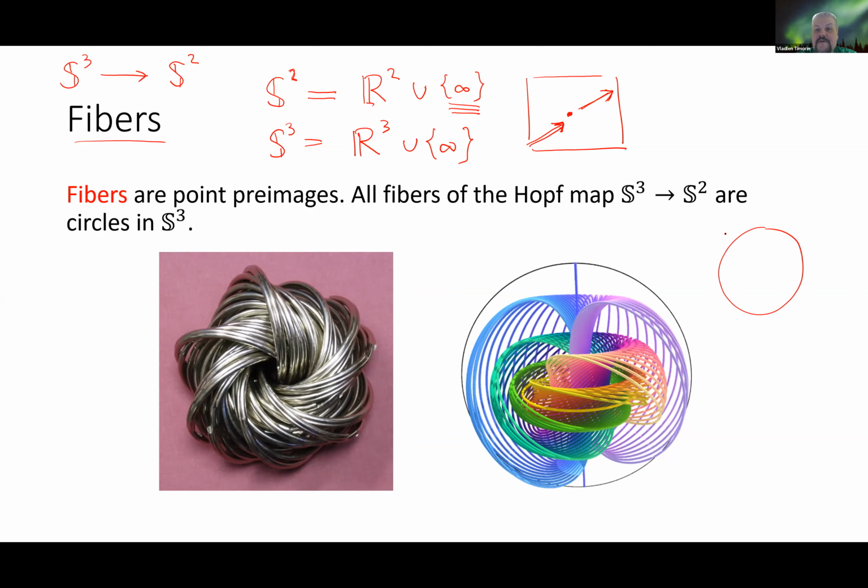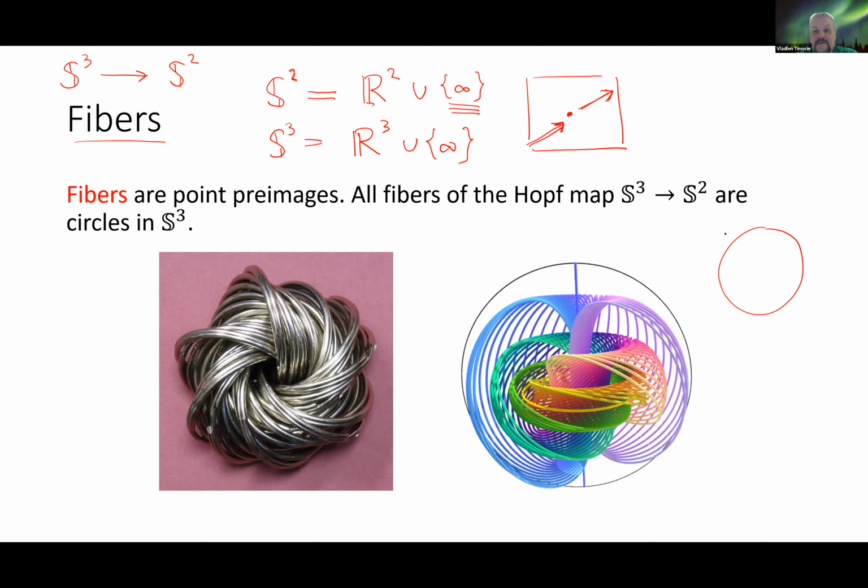Since the entire three sphere, in particular the entire three space, is mapped to the two sphere, you can think that the entire three space is fibered by circles. That is, it's represented as a disjoint union of different fibers, each fiber being a circle. So each point of the three space is a point of some distinguished circle.